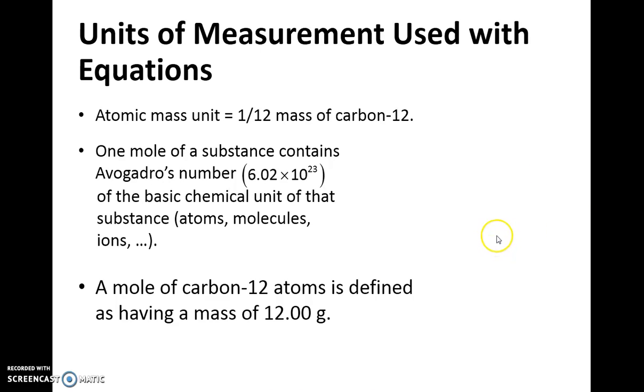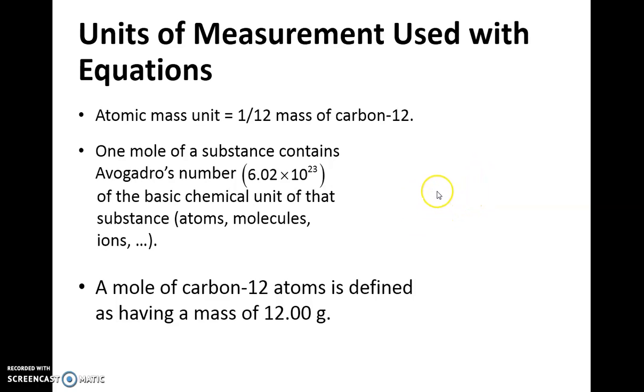Alright, so units of measurement used with the equations. We have the atomic mass unit, which is 1/12 the mass of a carbon-12 atom. We have a unit called the mole, which is a specific number of atoms, and that mole is 6.02 times 10 to the 23rd. That's called Avogadro's number, and it's important because it relates to what we call the molar mass.